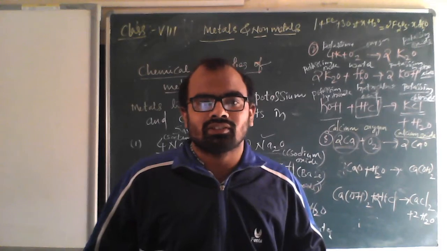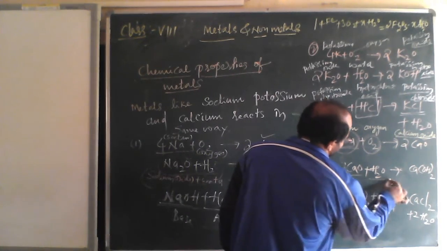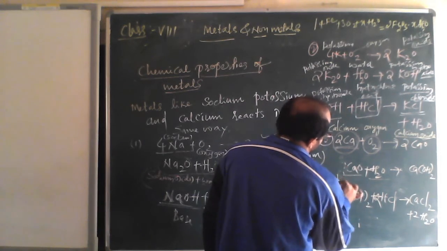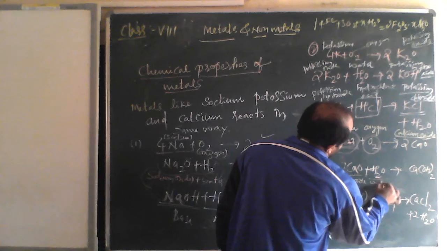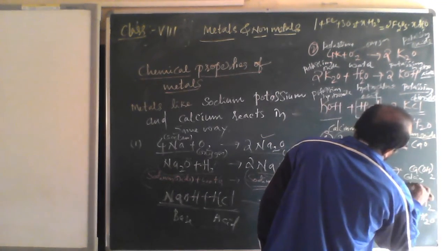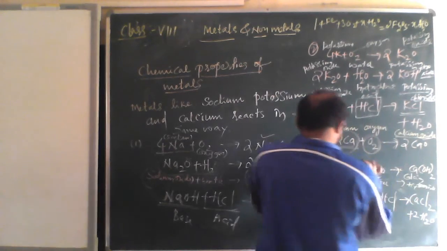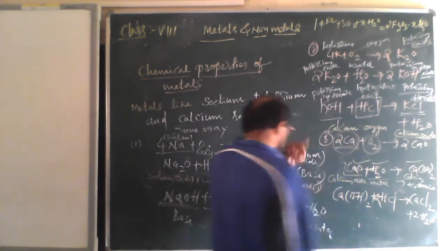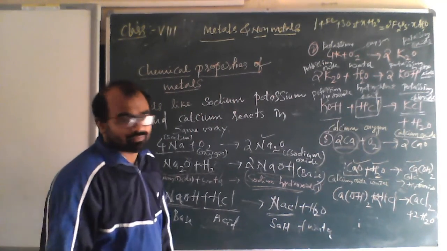Calcium hydroxide. Calcium oxide reacts with water. It produces calcium hydroxide. See, you have to be perfect with these. Please be perfect with chemical equations.